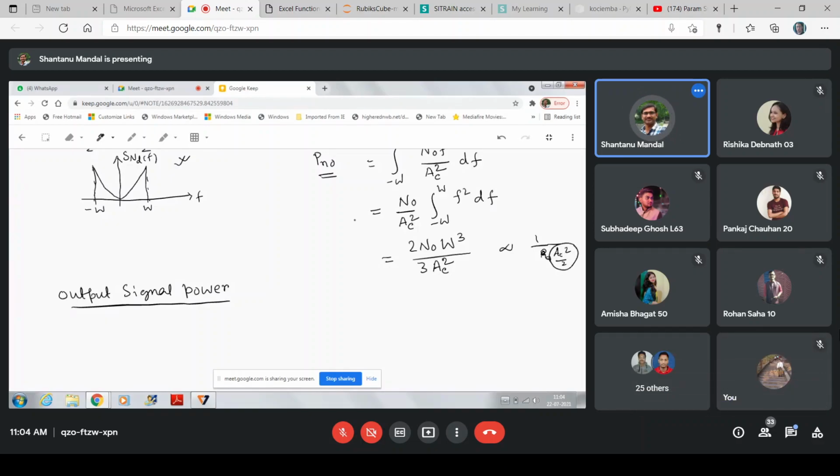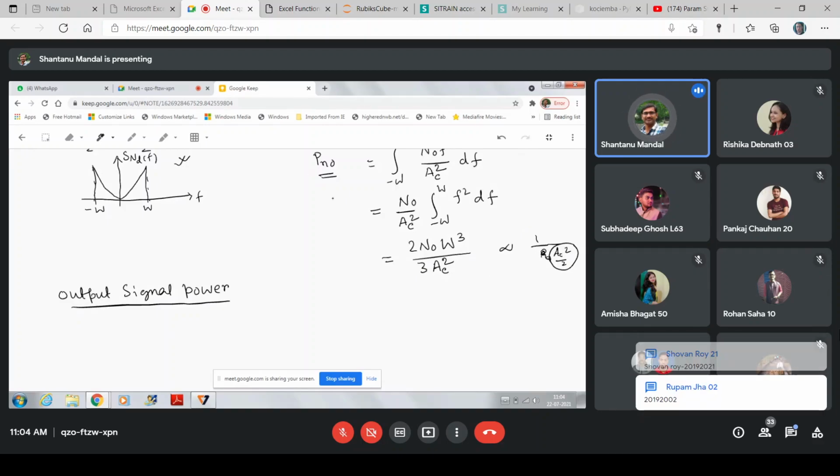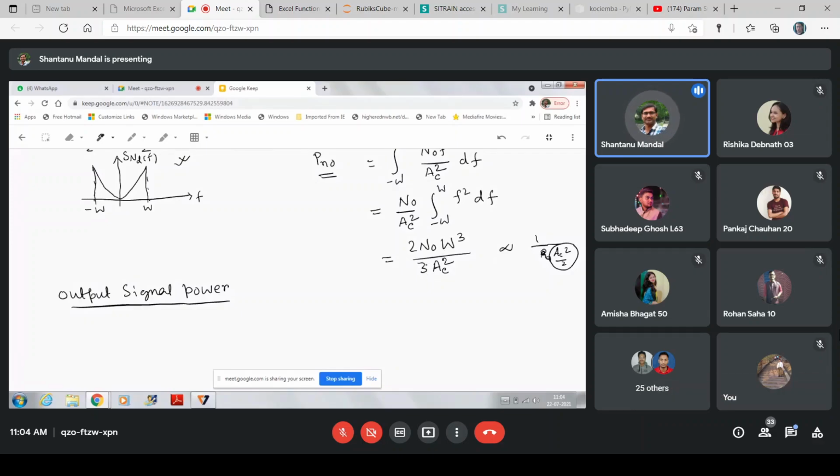The output noise power is inversely proportional to the carrier signal power. This is one important part of FM: if the carrier signal power is increased, then the output noise power is decreased.